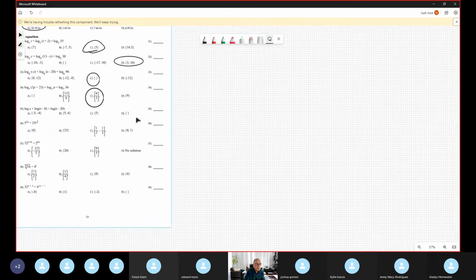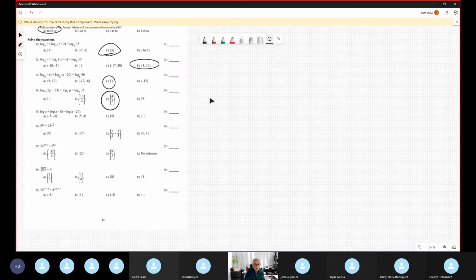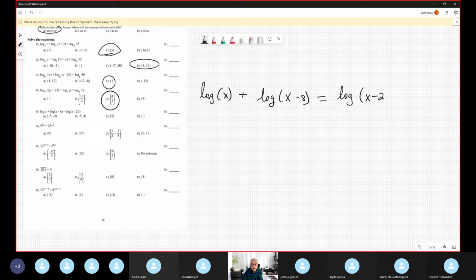Okay, 35 is, let me copy, log of x, I like to put the parentheses, always, log of x minus 8 equal log of x minus 20.